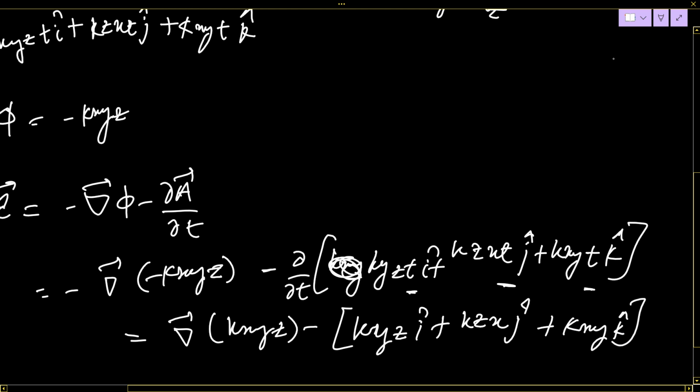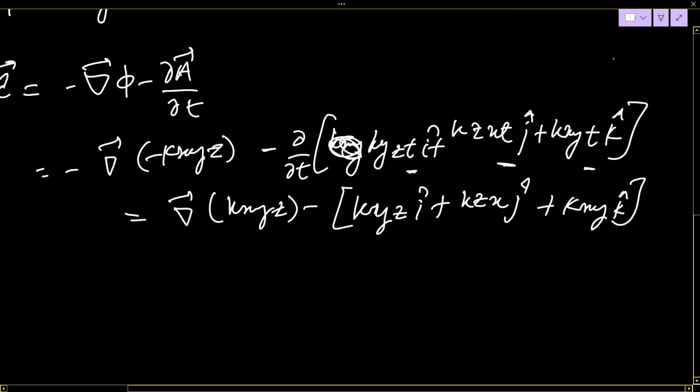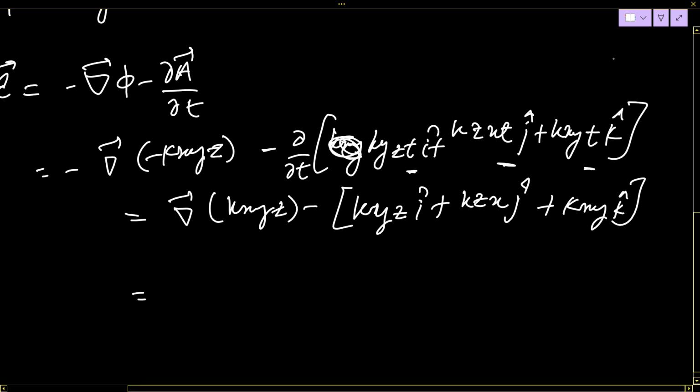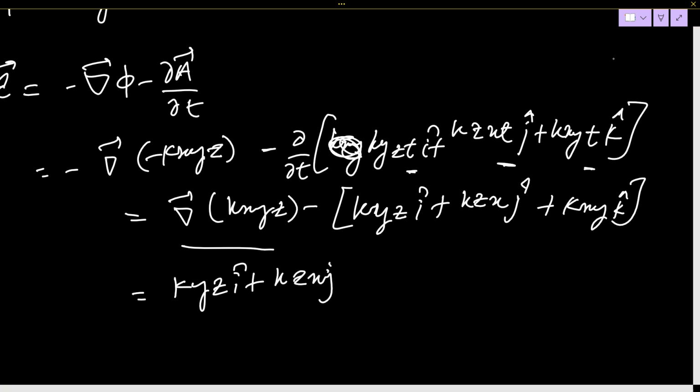Because t terms are there. So del of kxyz minus this one. If you see actually, del of kxyz is what? Kyz i cap plus kzx j cap plus kxy k cap, isn't it?